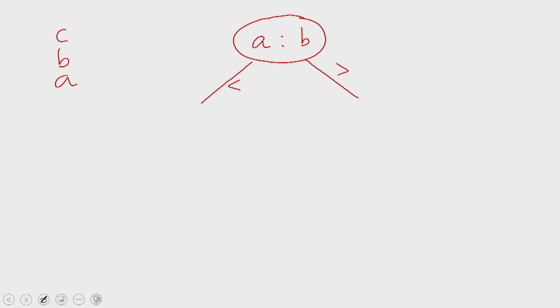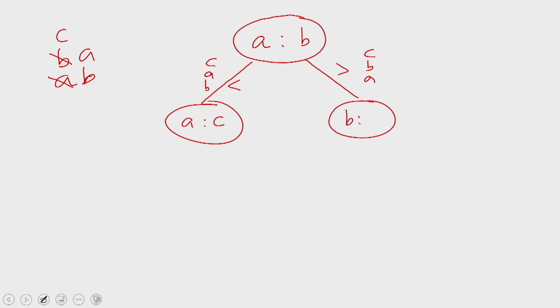If A happens to be greater than B, we swap them, so we will have the order B, A, C. If not, we do not perform a swap, and we continue with the original order. And then we compare the second element with the third element. So, in this case, we will be comparing A with C, and in this case, we will be comparing B with C, and so on. We continue to generate the tree. So, given a comparison based algorithm, you can draw a decision tree in this manner.